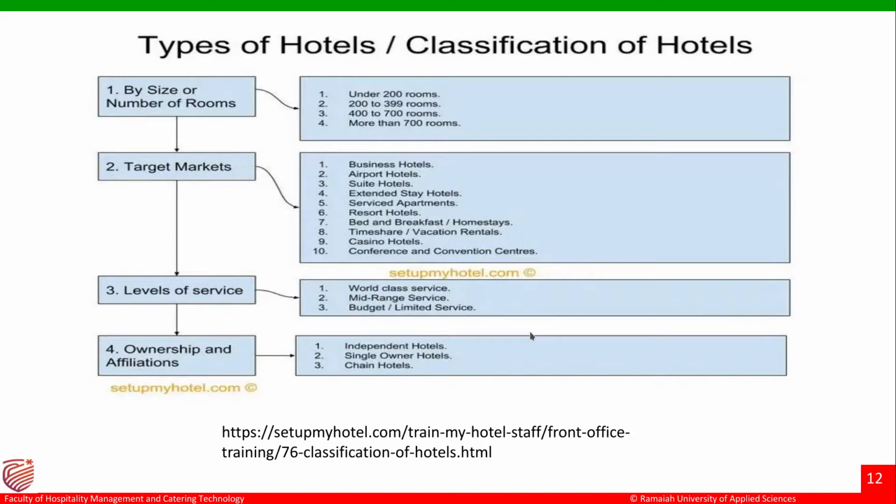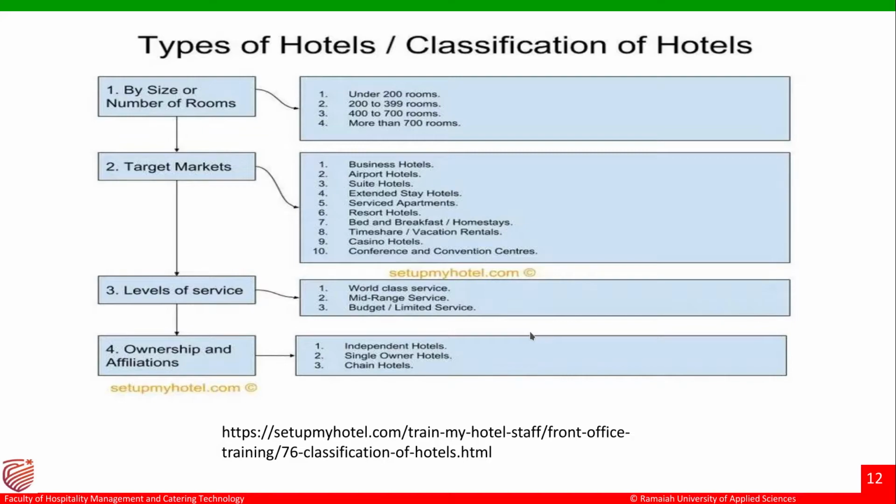So in conference and convention centers, you'll find a business category of clients who would like to stay for 2 or 3 days based on their type of meeting, convention, summits, symposiums they have.